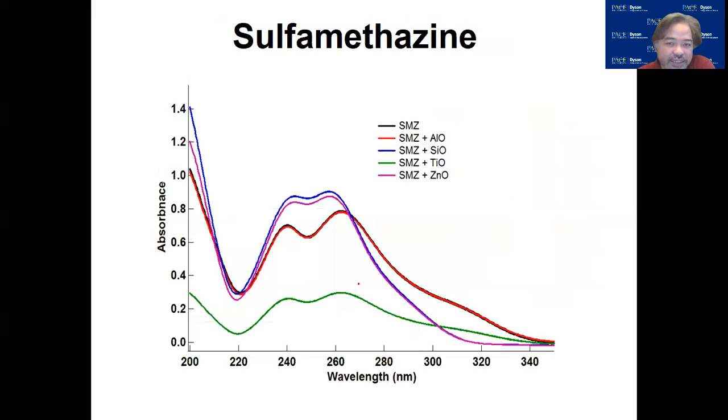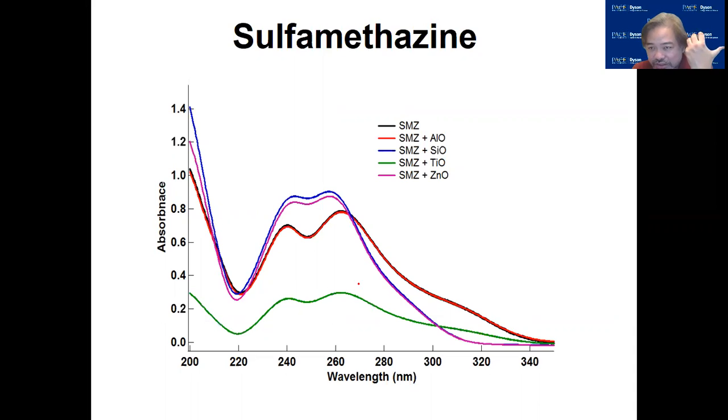Now for the sulfa, we also did the same study as the tetracycline. Although, if we look at this, we just completed the absorbance and fluorescence part, and we are just starting with the HPLC part.